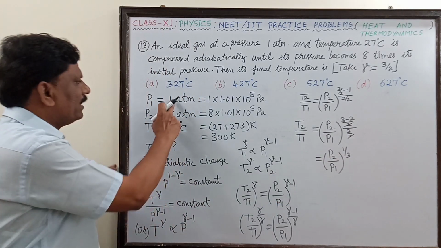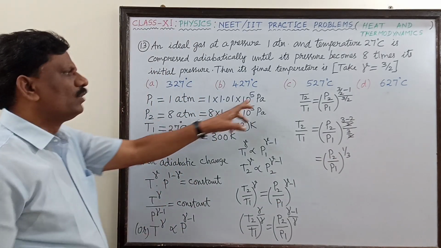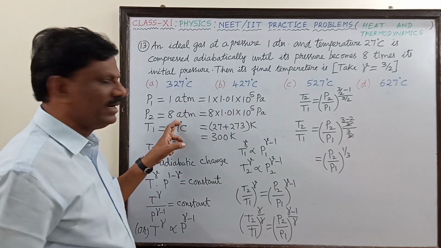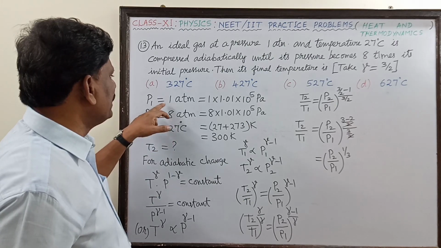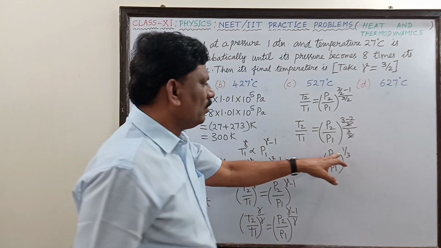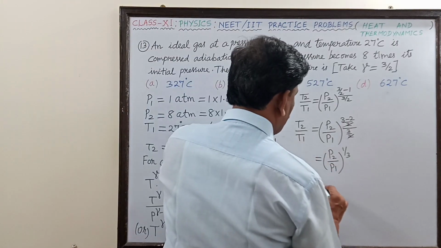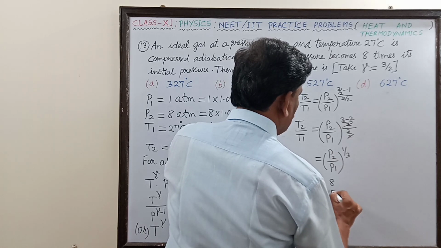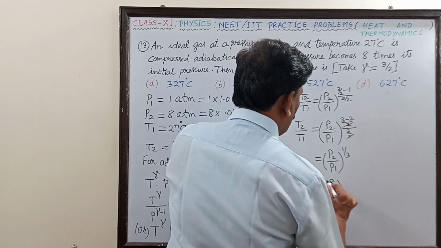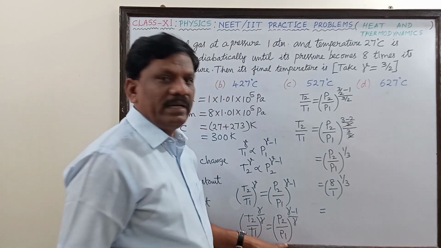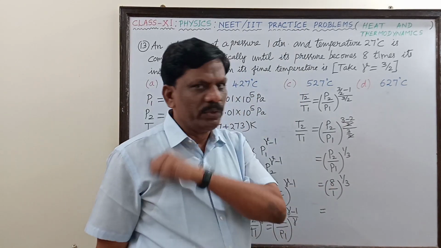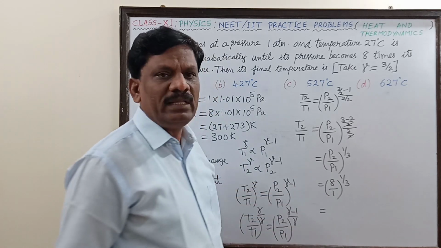Now what are P1 and P2? 1 and 8. Without converting to Pascal, directly we can divide because it is a ratio only. So P2 is 8 and P1 is 1, so this is equal to 8 by 1 whole power 1 by 3. Now 8 is 2 cube and 1 is 1 cube.